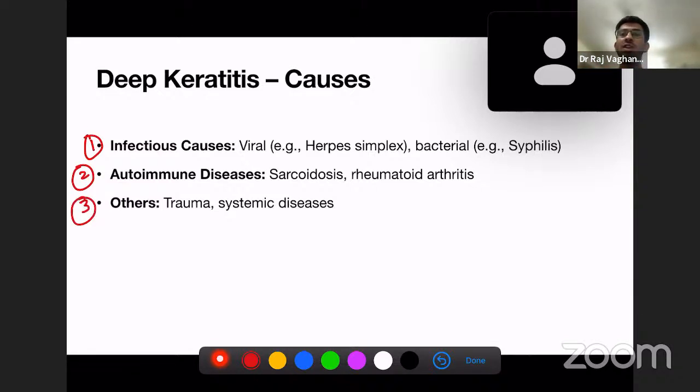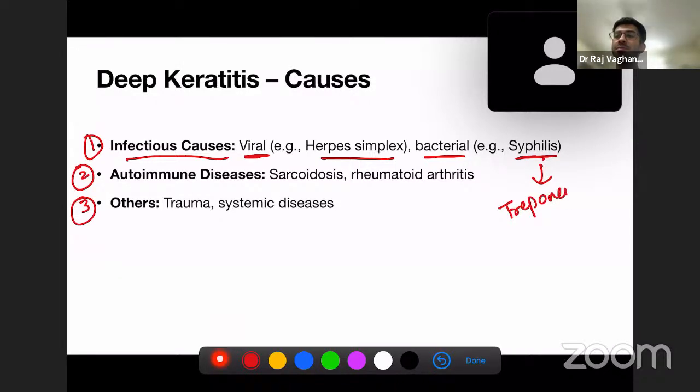The infectious causes include viral causes like herpes simplex virus, and bacterial causes like syphilis. Syphilis is caused by Treponema pallidum.